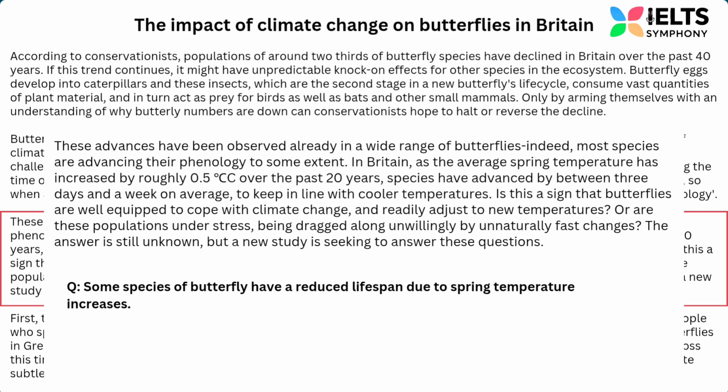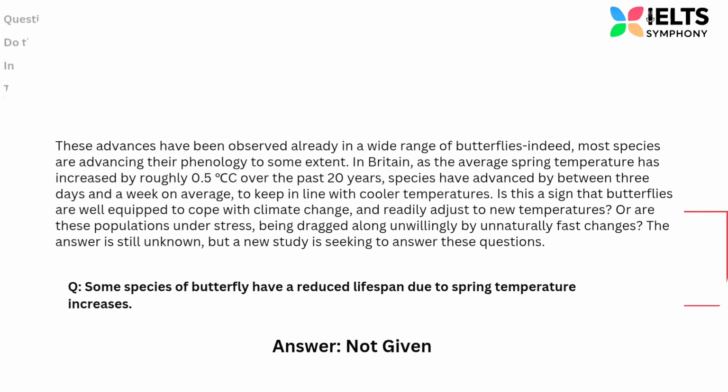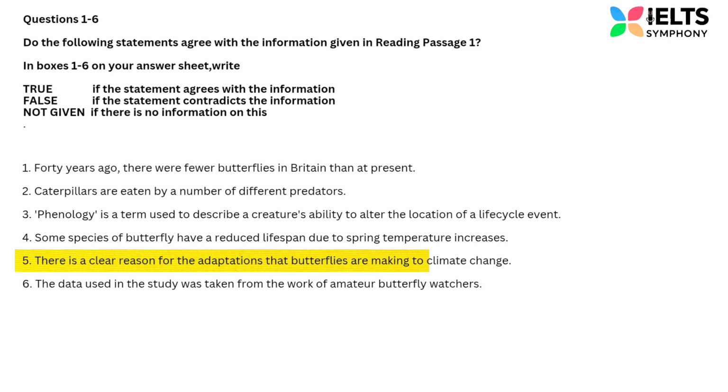As we continue reading, we see that the passage explores butterflies' adaptability by comparing various factors, but it does not mention lifespan reduction. Since no clear indication is given, the correct response is not given. Now, let's move on to the next question.